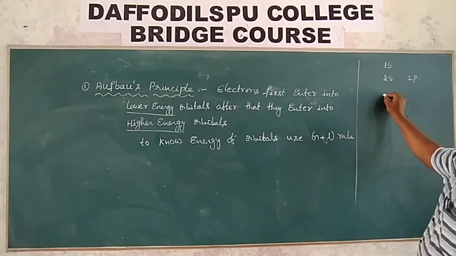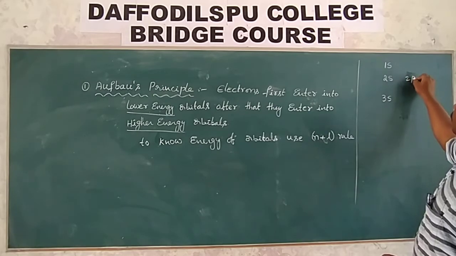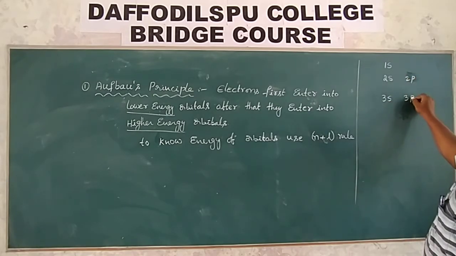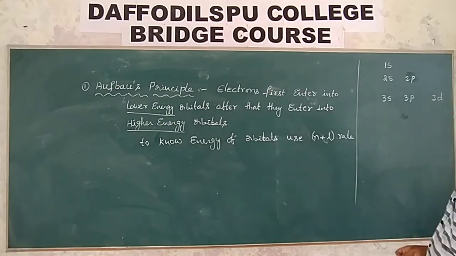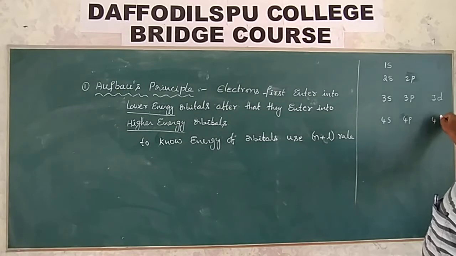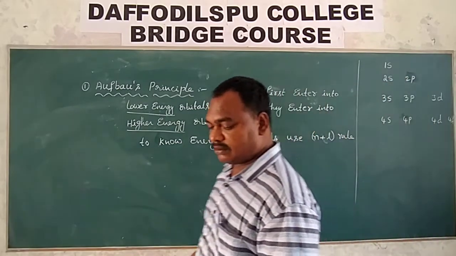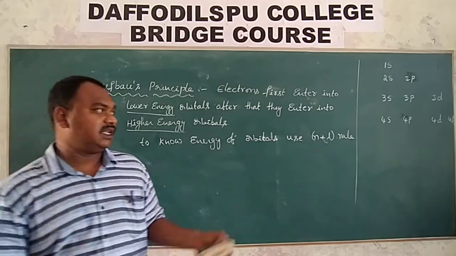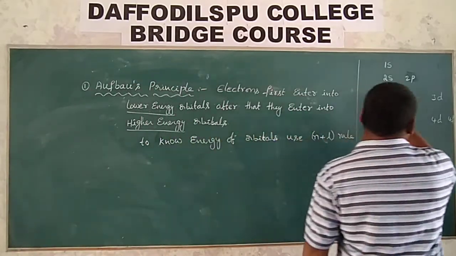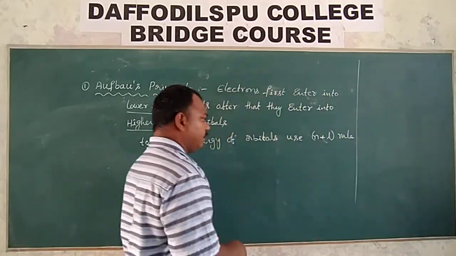In the third shell, you can see three sub-energy levels. They are 3s, 3p and 3d. In the fourth shell, 4s, 4p, 4d and 4f are present. In the fifth shell, 5s, 5p, 5d, 5g is also present, but we don't need the g sub-energy levels, so we simply omit that one.